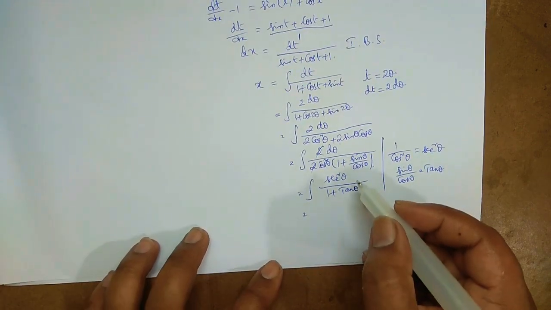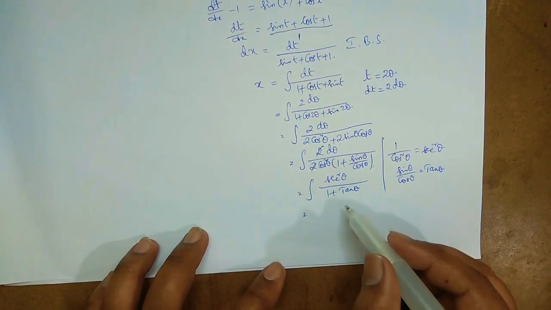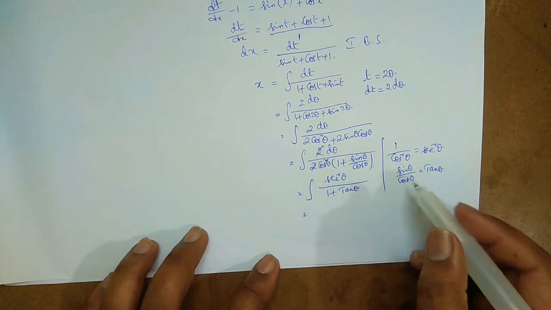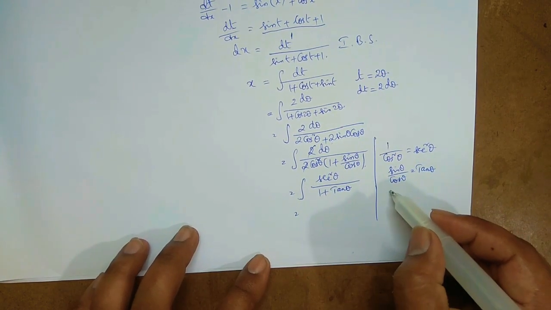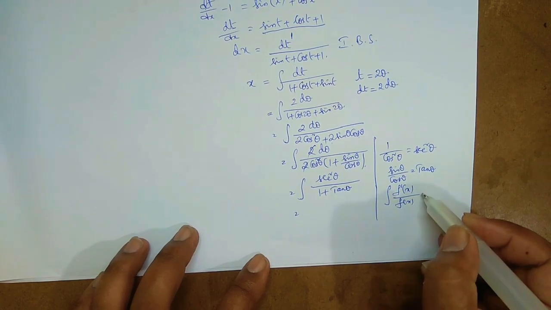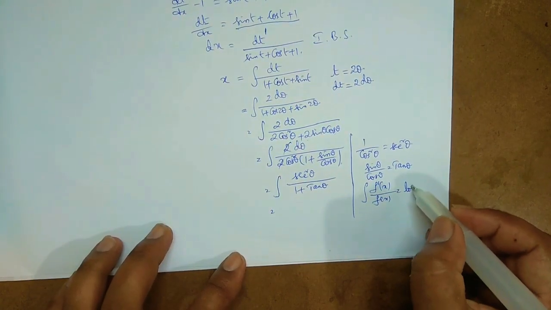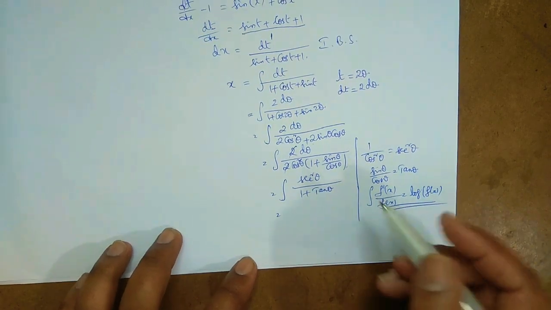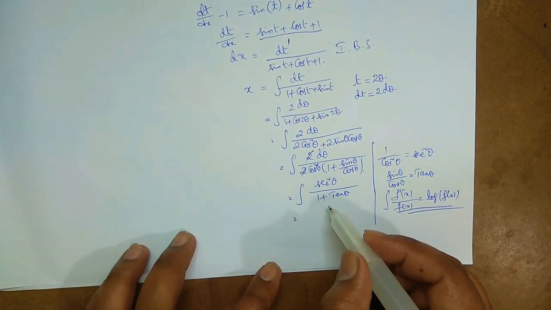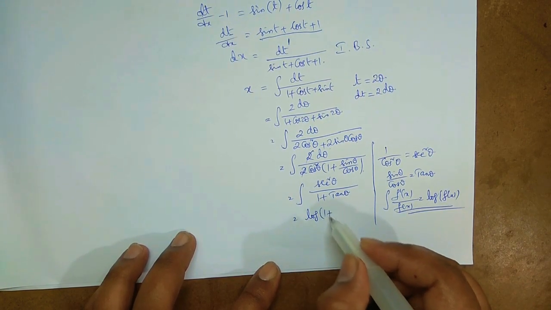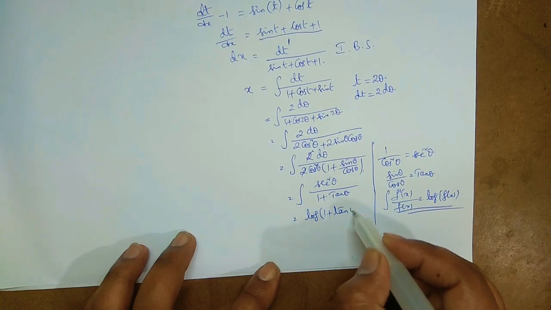Now what will you get here? The integral of f dash x by f of x. Okay, that I am writing here as a formula: the integral of f dash of x by f of x is equal to log f of x. So this you need to remember. Now what will you get here? Log of 1 plus tan theta.